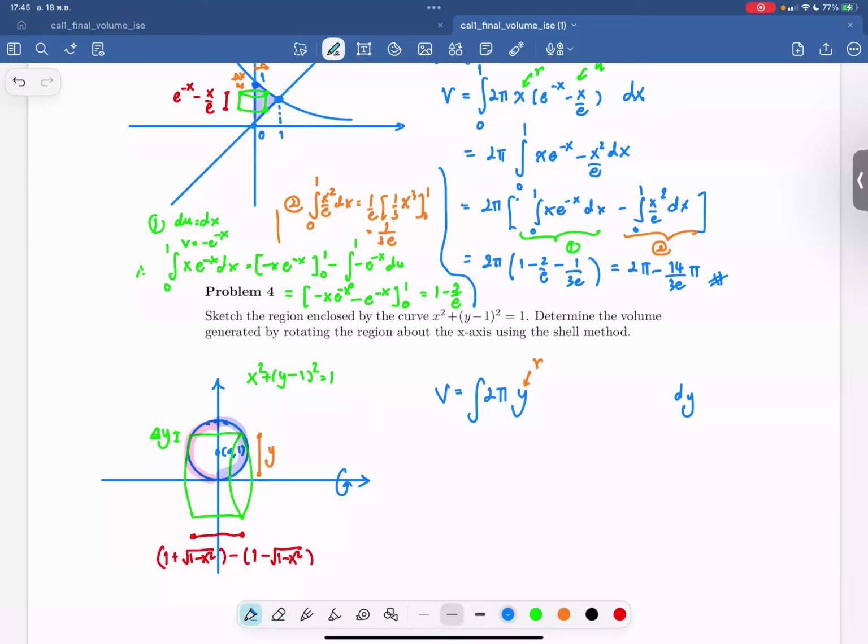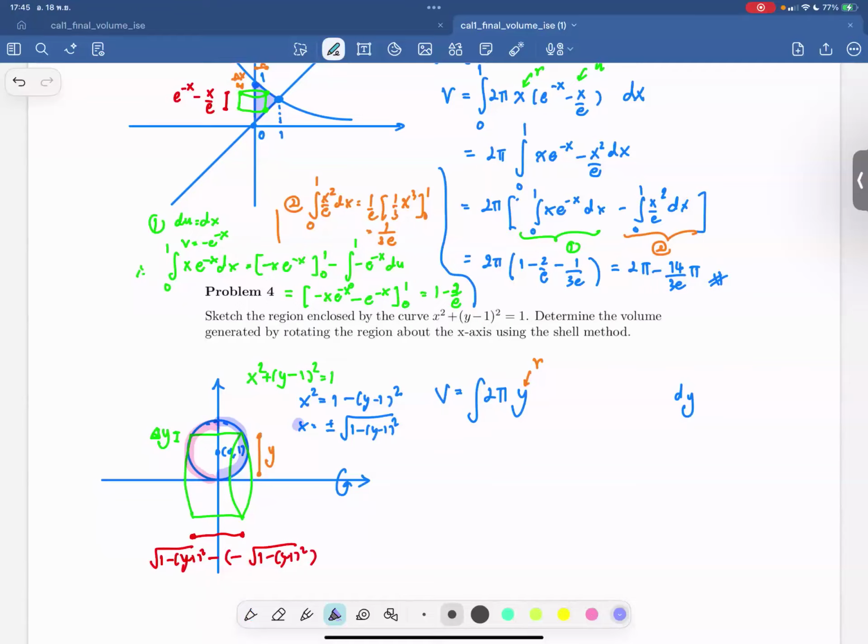We need the function of y, so we have to isolate x. x squared equals 1 minus (y minus 1) squared, and then x equals plus or minus the square root of 1 minus (y minus 1) squared.